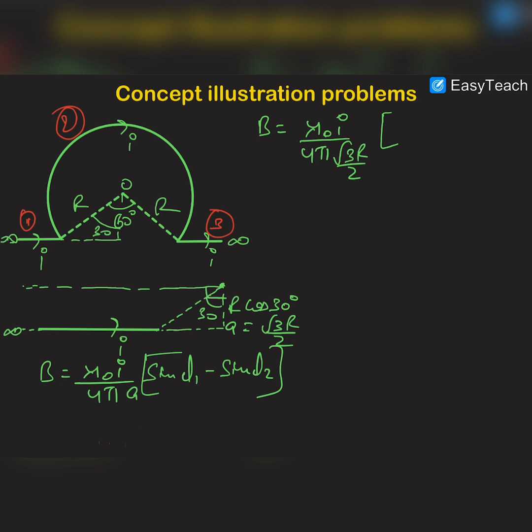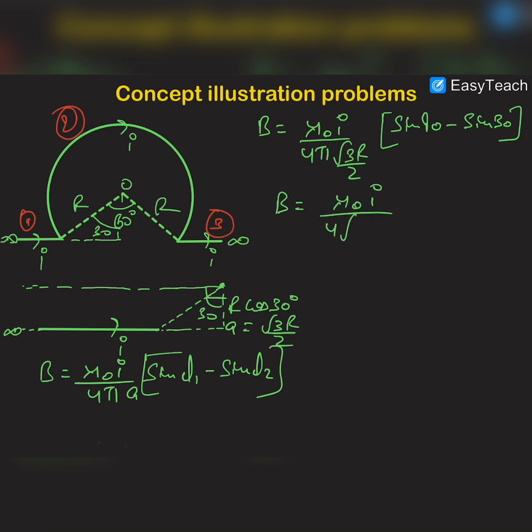So we write the greater angle sine minus the smaller angle sine. The greater angle is 90, so it would be sine 90, and the smaller one is 30, so it would be sine 30.